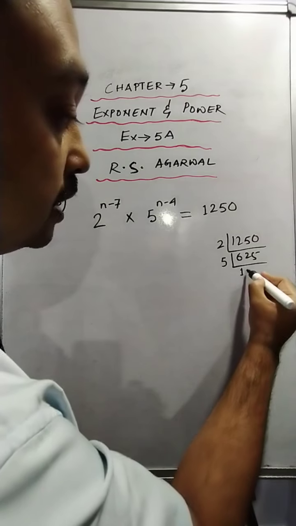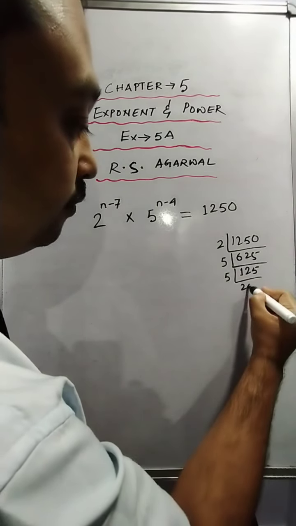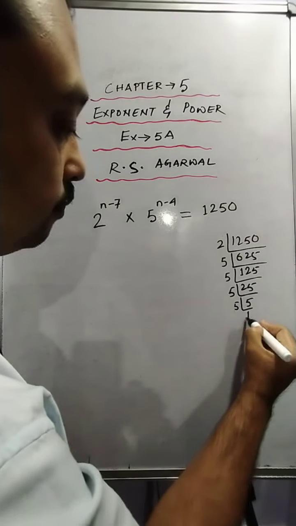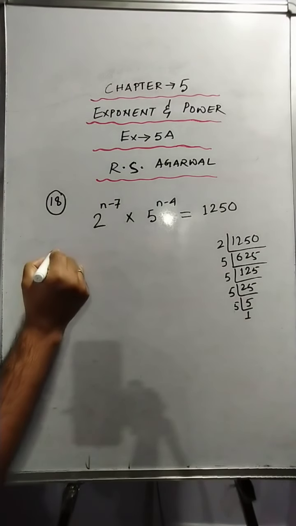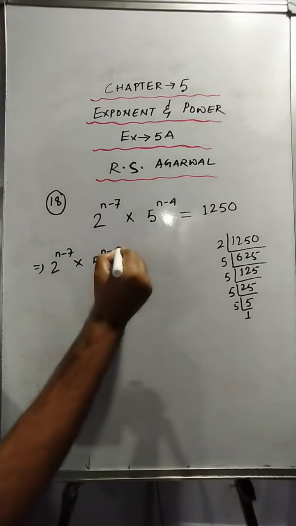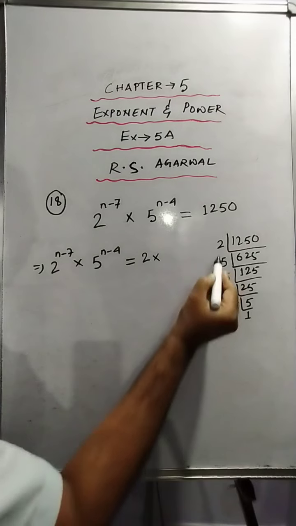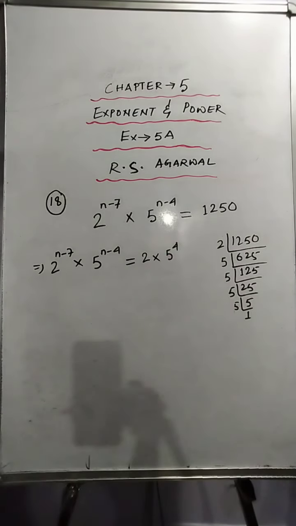So we'll write it down over here. We'll write 2 to the power n minus 7 into 5 to the power n minus 4. That would be equal to what? 2 into how many 5s are there? 1 2 3 4. So we can write 5 to the power 4.